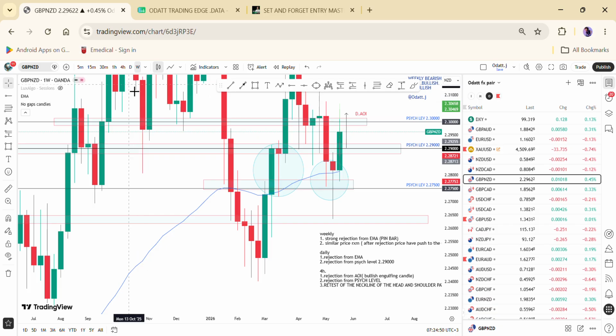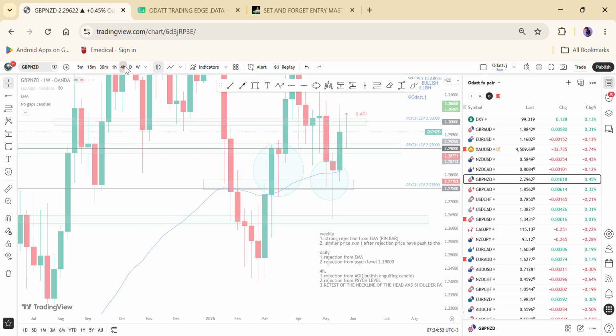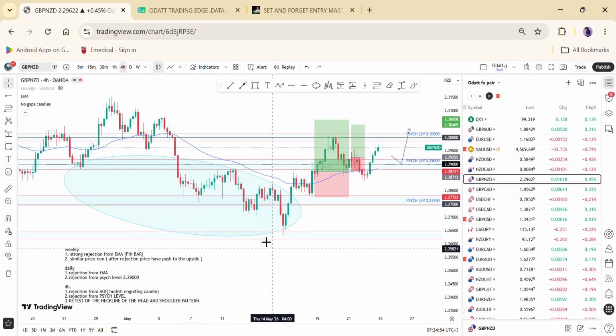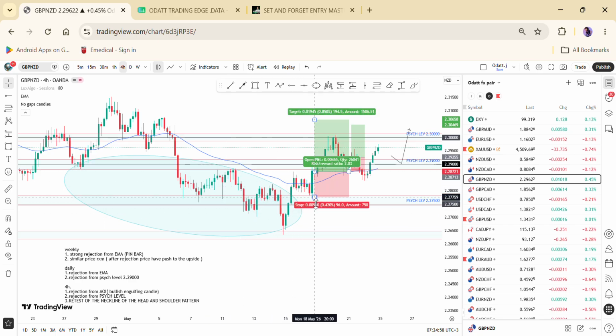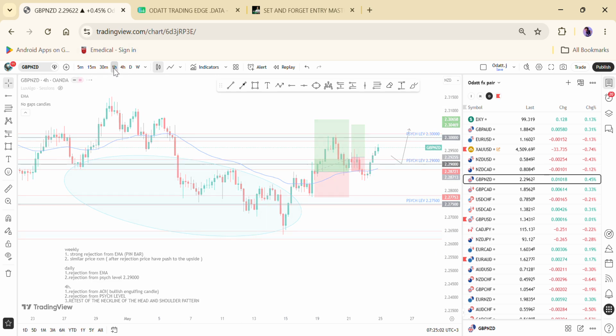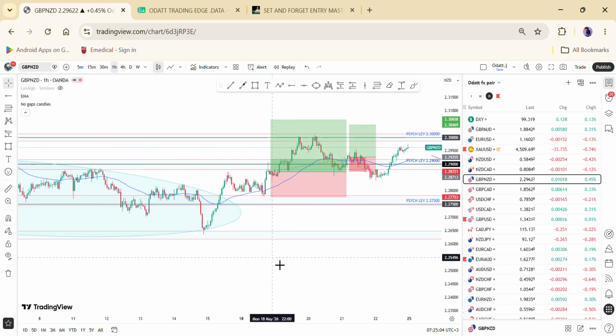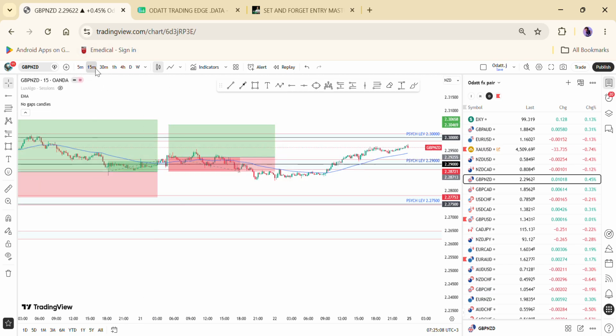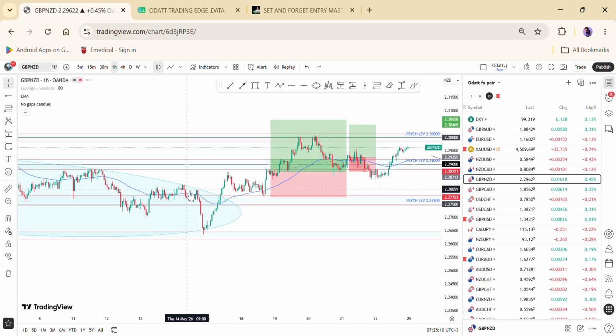So when you come to the 4H time frame, we have that break above the weekly, tested, engulfing candlestick, and then on 1 hour, we have that break and retest. 15 minutes, we have our entry signal.